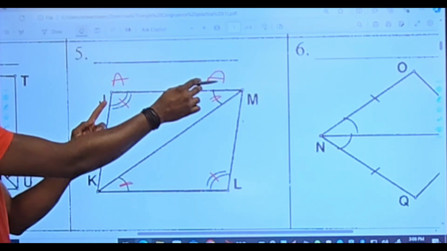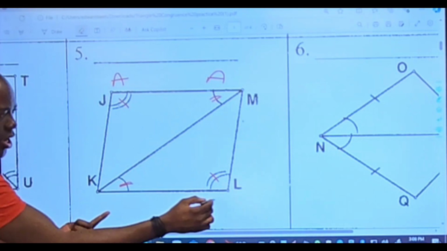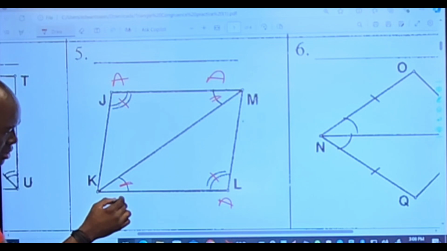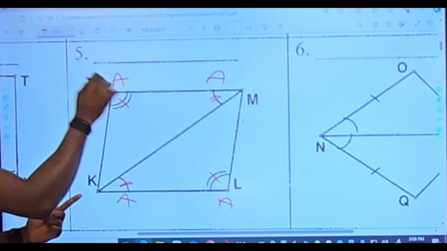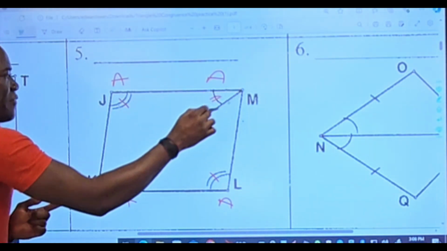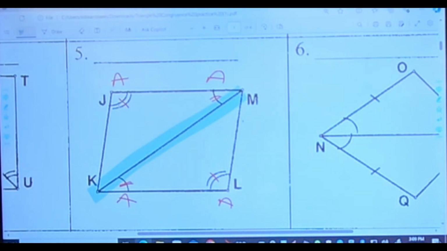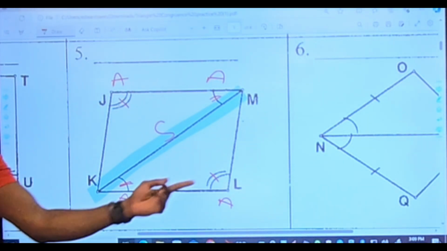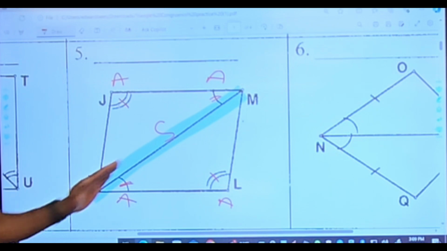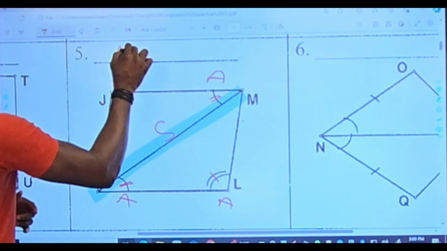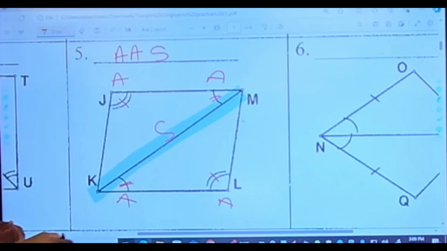I have angle, angle. And then both of them share this side. You can see that. So here it is that we're seeing angle, angle, then side. Or from this way, angle, angle, then side. Right? So when you look at it like that, this one is angle, angle, side.